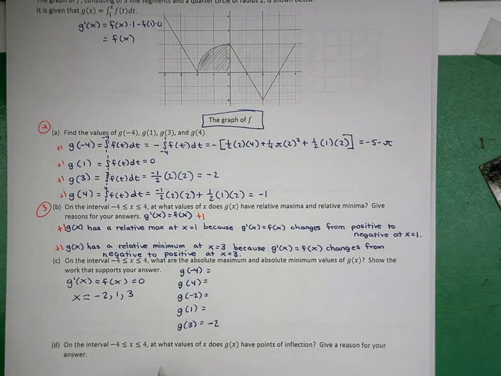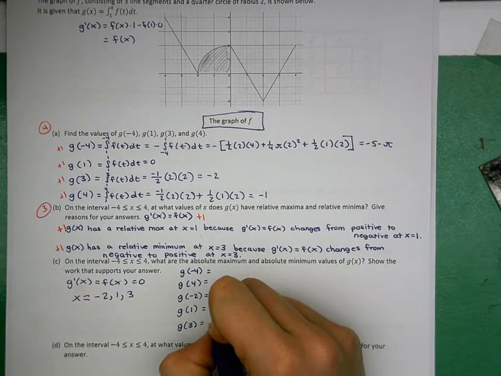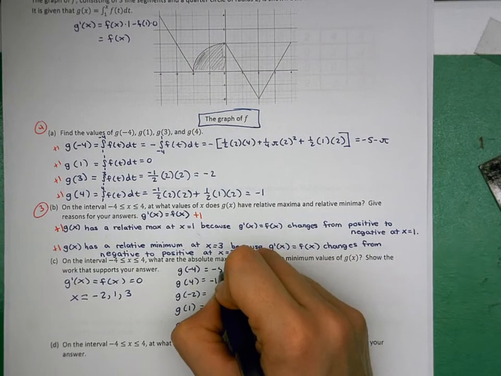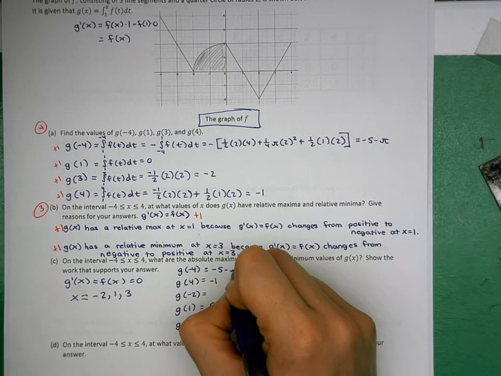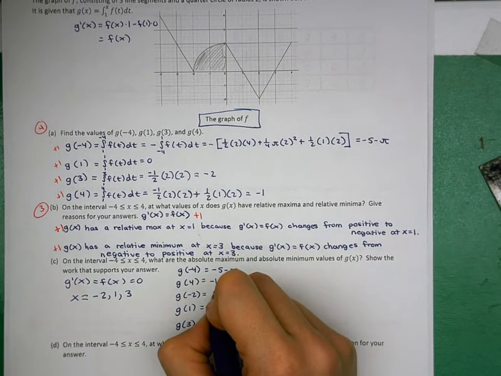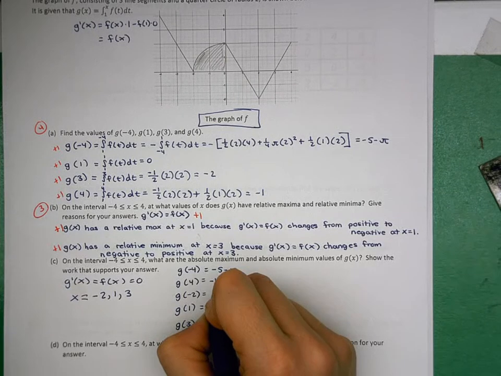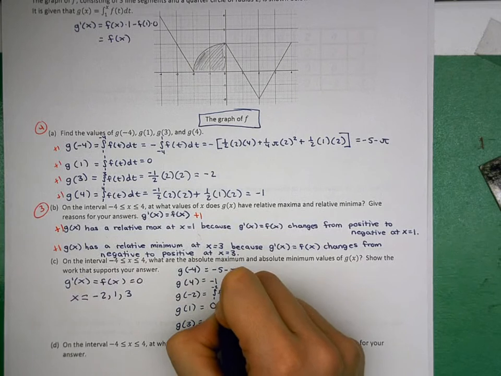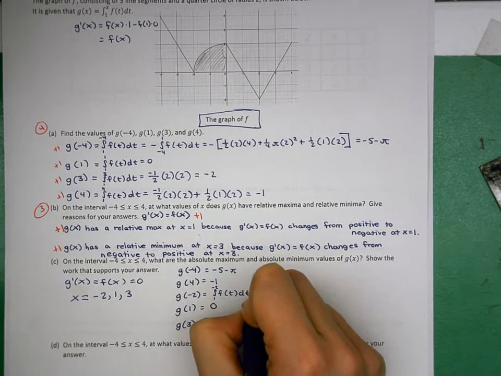And g of 1 we found was 0. G of 4 we found was -1. G of -4 we found was -5 minus pi. And if you wanted to, you could take a moment here really quickly and solve -2, which would be the integral from 1 to -2, which is upside down.